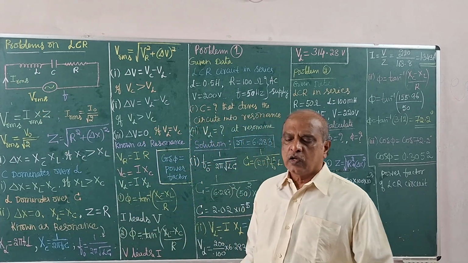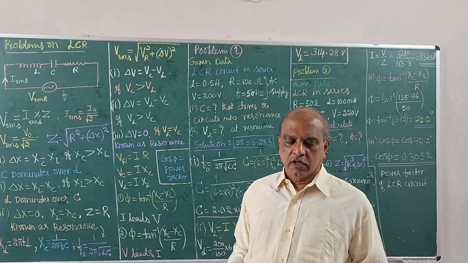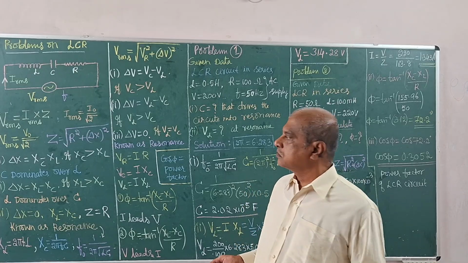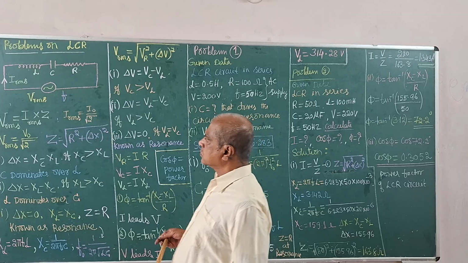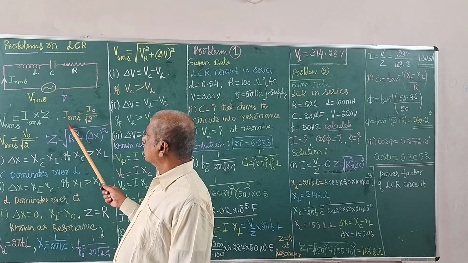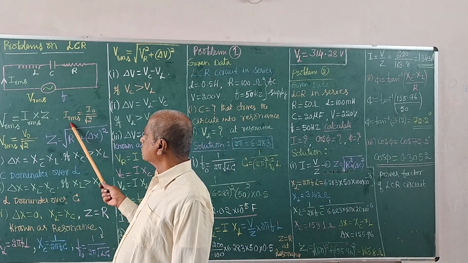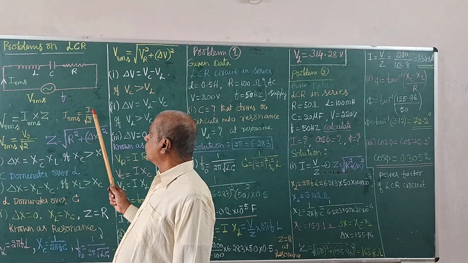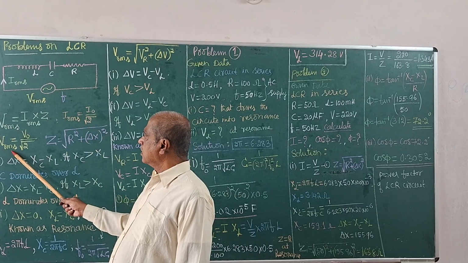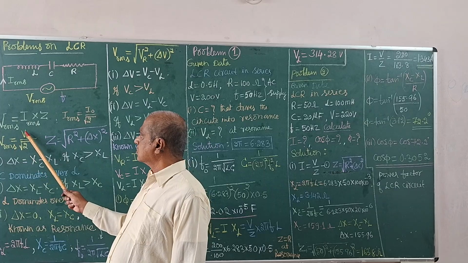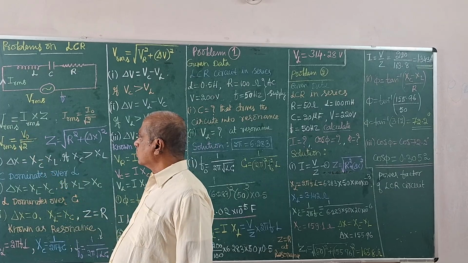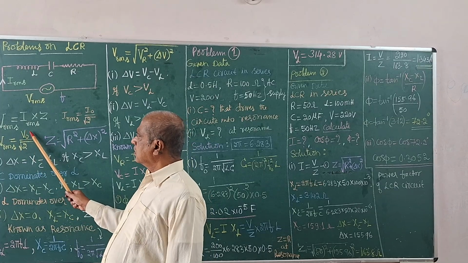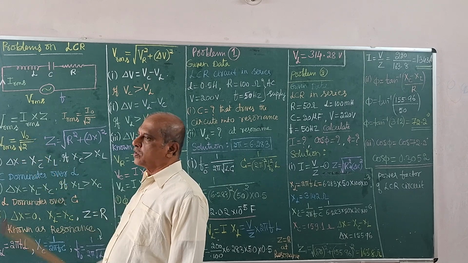These RMS values are related to their corresponding peak values. That is, I RMS equals the peak value of the current divided by root 2. In the same way, the voltage RMS equals the peak value divided by root 2. This is the relationship between the peak value and the mean value.